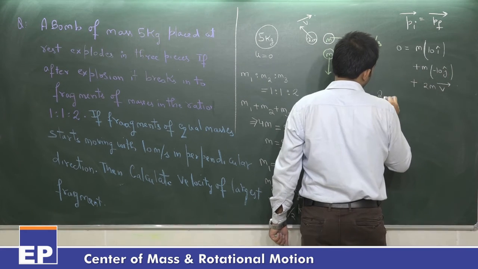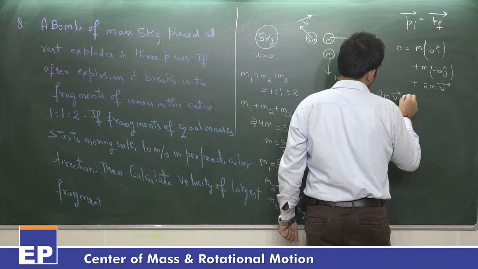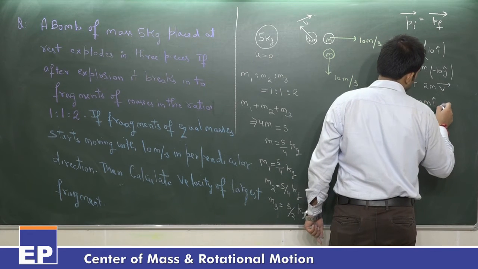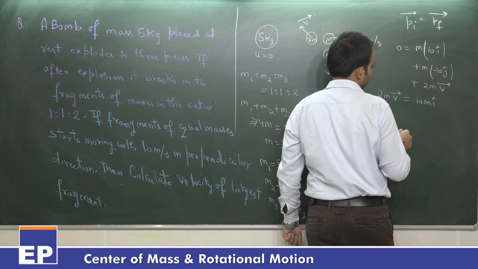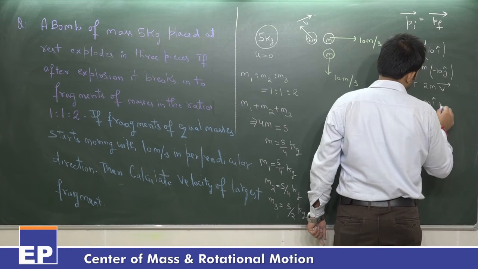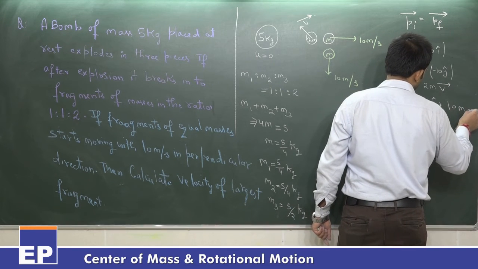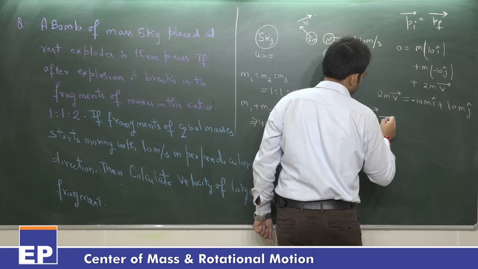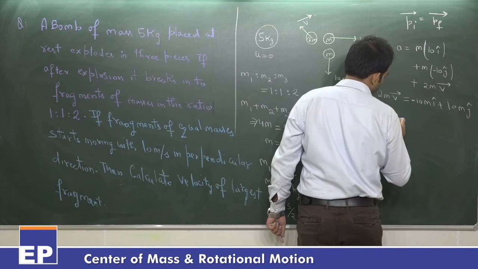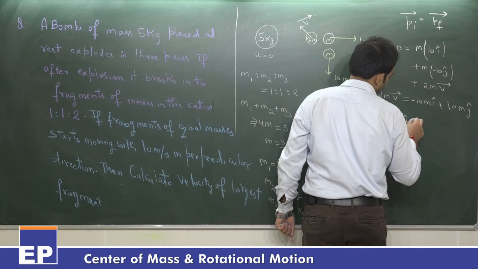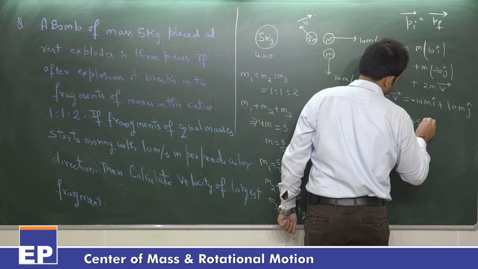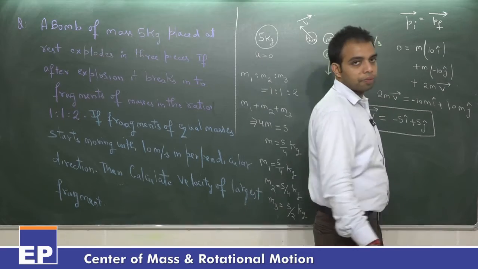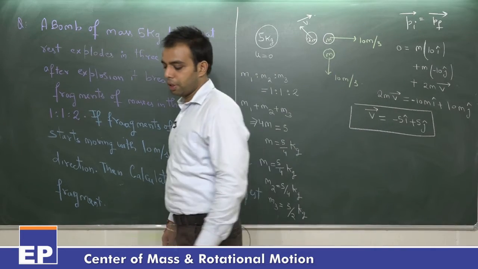So it will be 2m into v vector, that is 10m i cap plus 10m j cap. So what is v vector? That is minus 5 i cap plus 5 j cap. It is this mass's velocity, right?